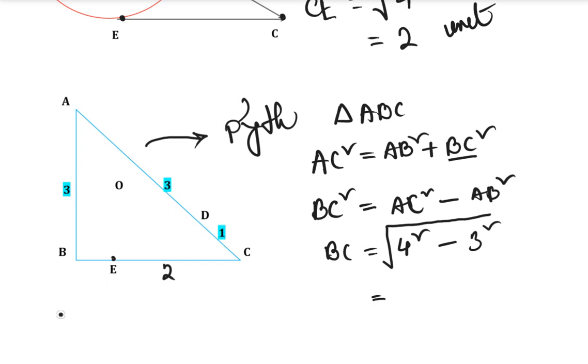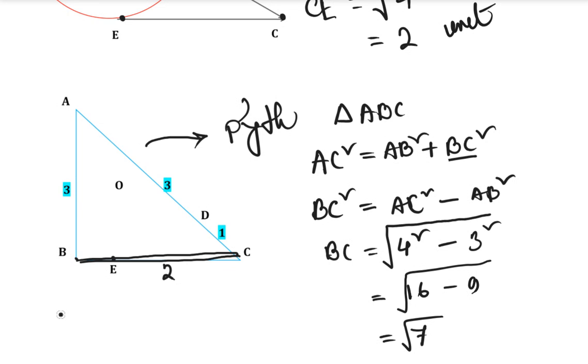So it will be 16 minus 9, square root. So BC is equal to square root of 7. So from here, B to C is square root of 7, right?